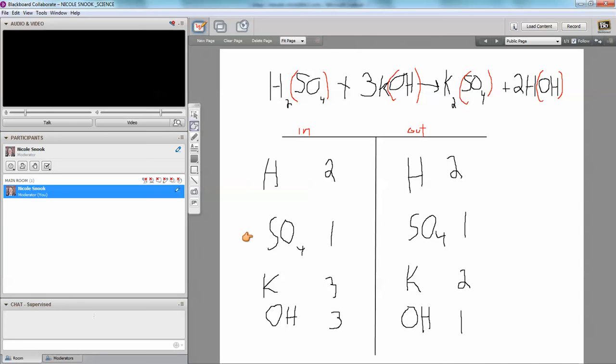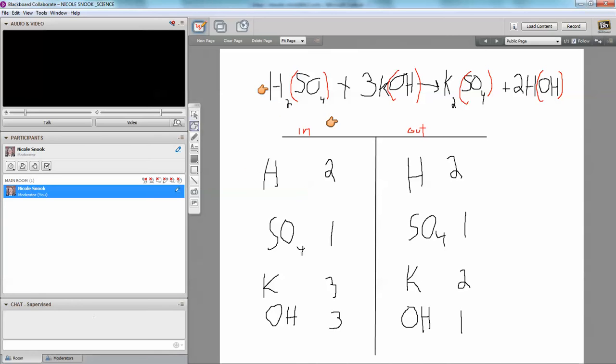You have one SO4, you have 3 Ks, and you have 3 OHs because this 3 right here multiplies across the entire molecule. The subscripts are only for the atom that it is written next to. So that's why I know there are 2 H's.